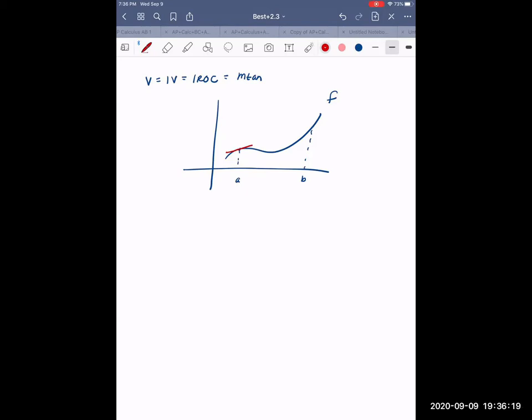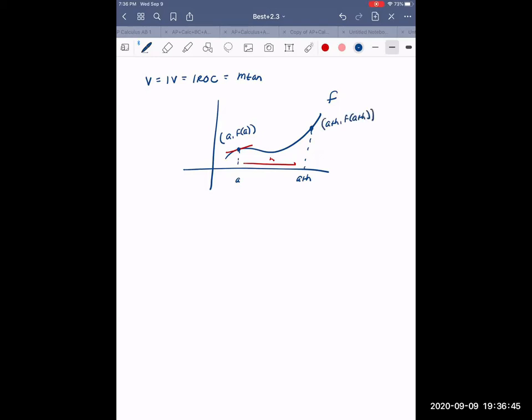So remember, we moved over this really teeny tiny distance called h, which makes this point become a plus h, right? This point of tangency here is the point a comma f of a, and this point right here is the point a plus h comma f of a plus h. That doesn't change.